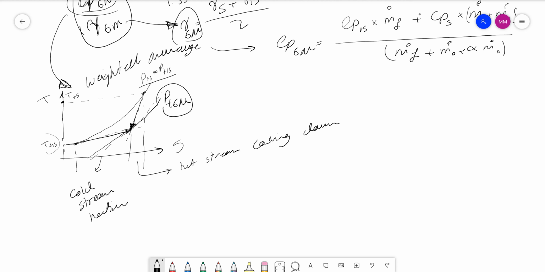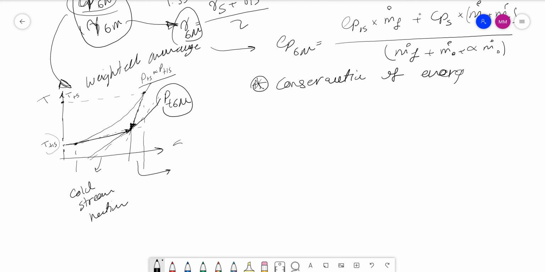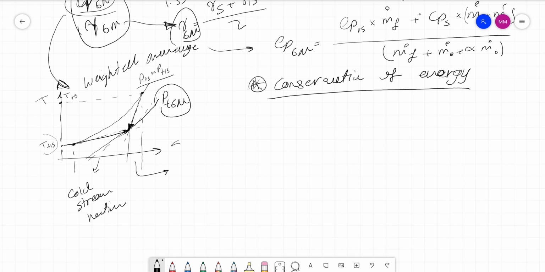So let's start with the conservation of energy. I don't know why I said we are not going to use the conservation of energy. It's the first equation we are going to use, but that was my mistake. Sorry about that. So the conservation of energy essentially tells you that whatever energy is coming in is going to be equal to whatever is going out, and there is no energy generation inside the system.